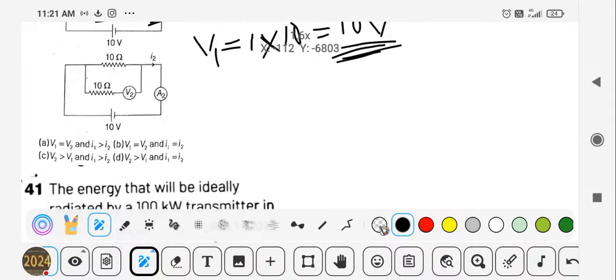Again, in the second circuit, the voltmeter is connected across this 10 ohm resistance, and the ammeter is connected the same as in the first case. They have given a resistance and a voltage, and we have to find the current, I2. I2 is equal to V2 by R2.